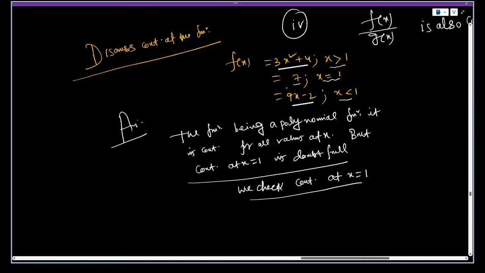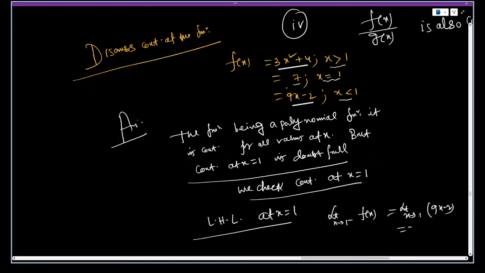So for continuity at x equal to 1, left hand limit at x equal to 1 will be what? Limit x tending to 1 minus f(x). So it is 9x minus 2. 9 into 1 minus 2, that is 7.